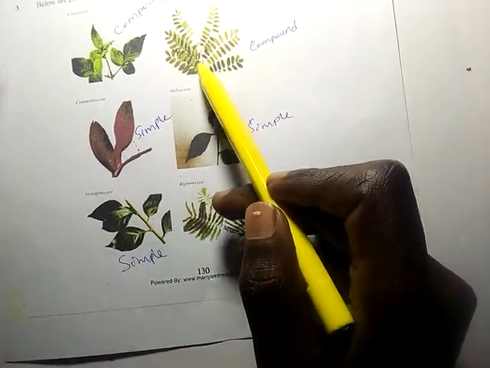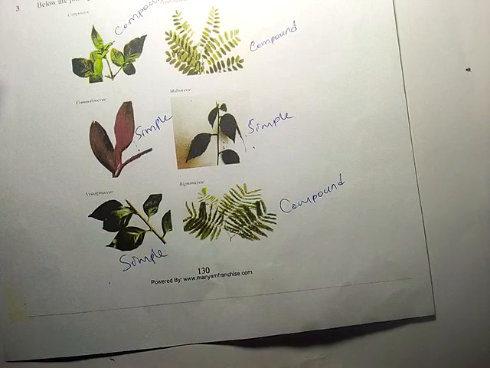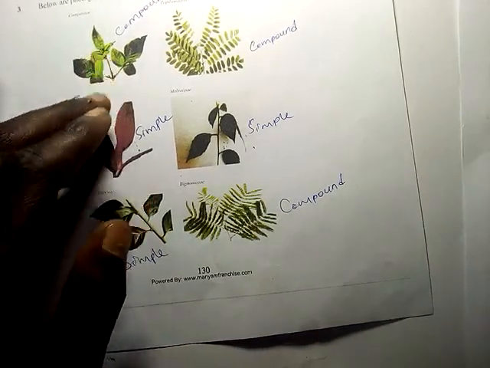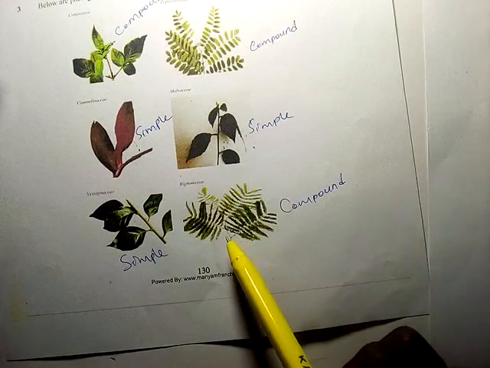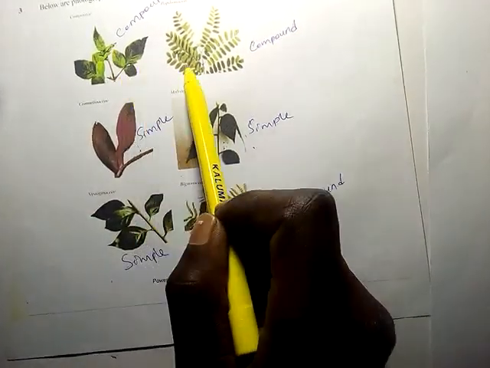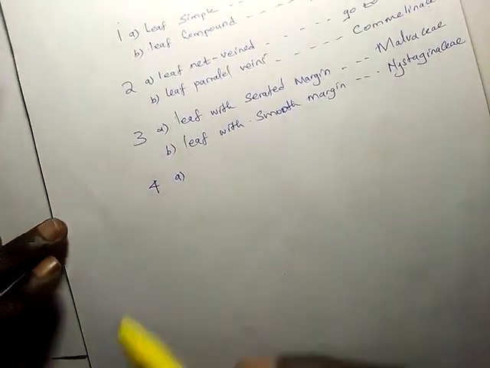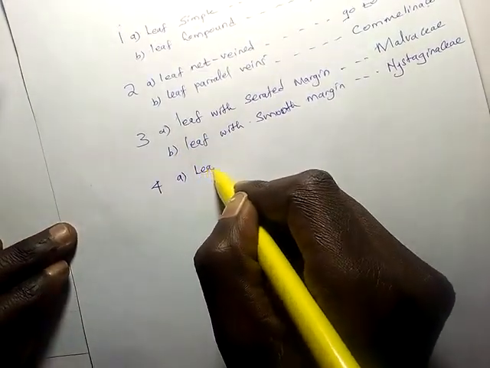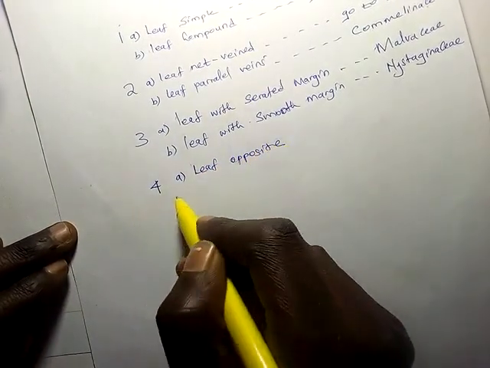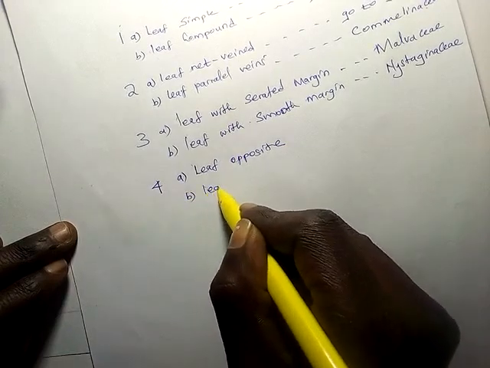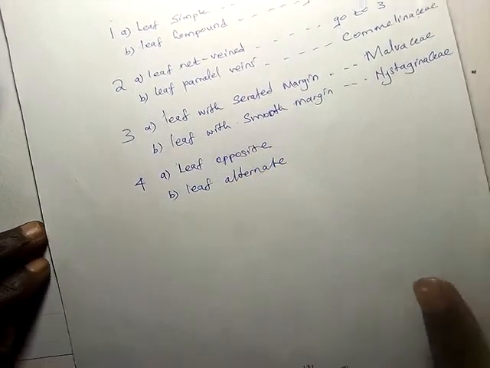These are the opposite and these are alternating. Now even this is opposite and this is alternating. Only one is alternating, which is this one, but these 2 are opposite. Now you will say leaf opposite, and B, leaf alternate.